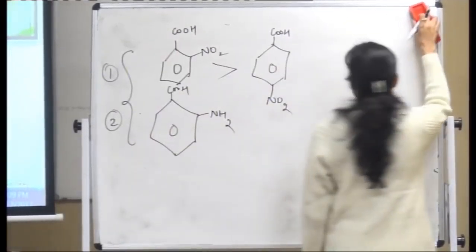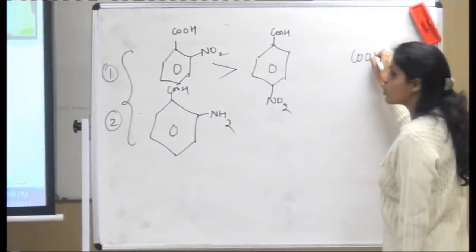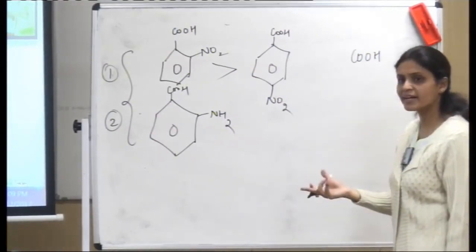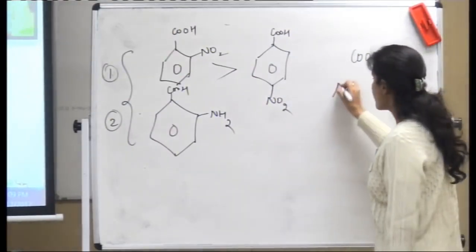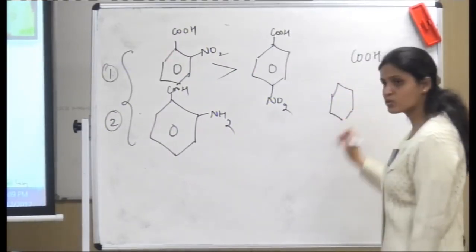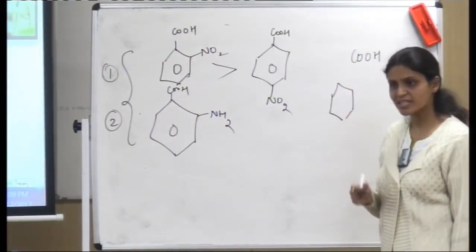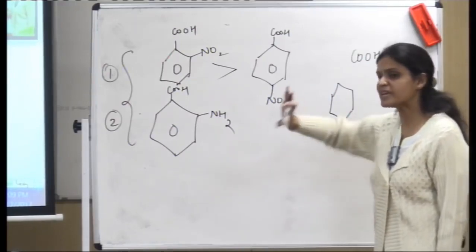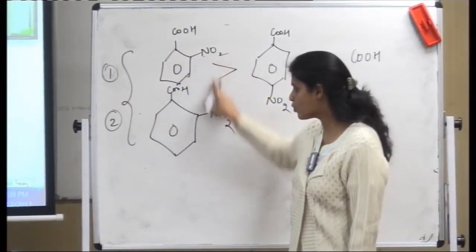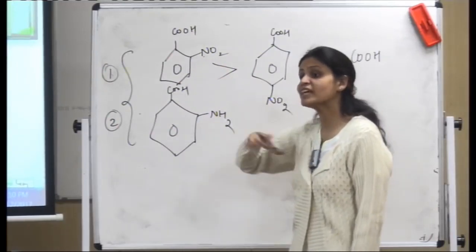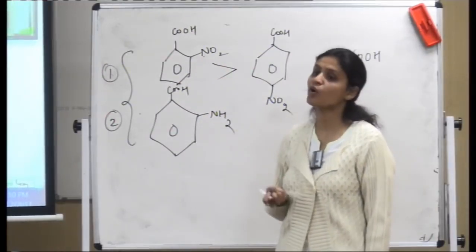For that I should know whether the carboxylic group is para-directing, meta-directing or ortho-directing. First I should draw the resonating structure of the carboxylic acid, and on the basis of that I will decide whether the presence of an electron withdrawing group or an electron donating group will enhance the activity of the acid or not.